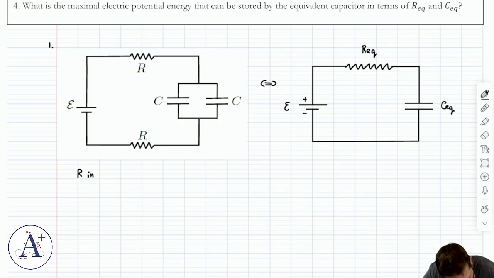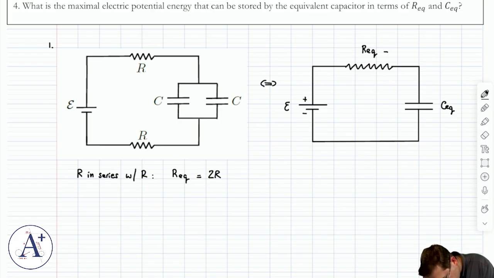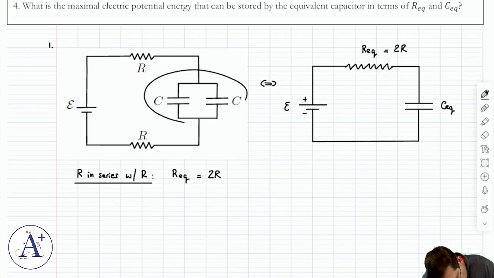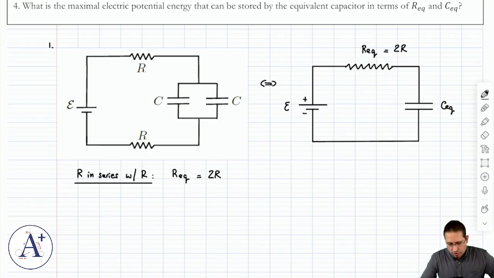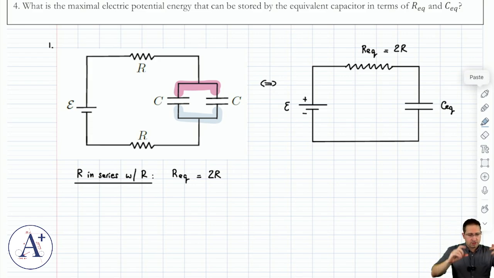So R is in series with R, and R equivalent is going to be 2R. Then I forget about the resistors. I only look at capacitors. Hopefully we're convinced that these capacitors are in parallel, not because they are geometrically parallel, but because if you look at this wire here and then the wire on the other side, both capacitors are connected the same way across these two wires. The top connected to the red wire, the bottom connected to the blue wire.